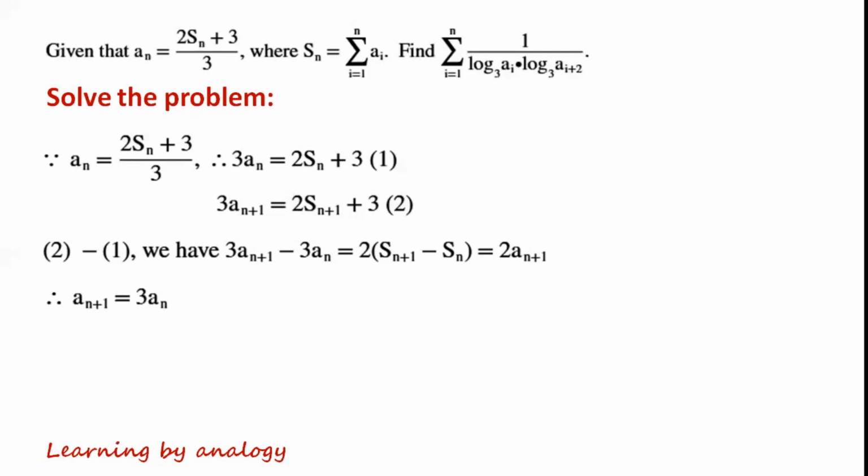We know that 3a(n plus 1) minus 3an equals 2a(n plus 1). By rearranging this equation, we have a(n plus 1) equals 3an.